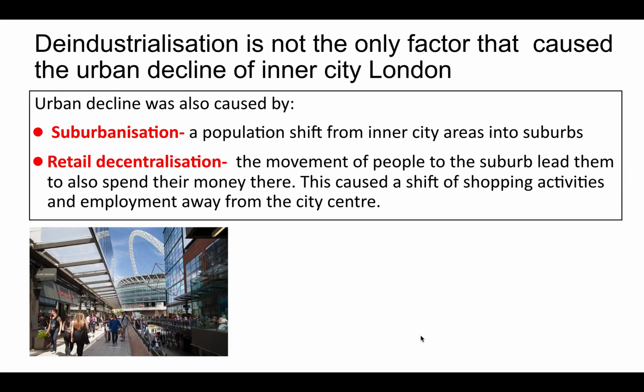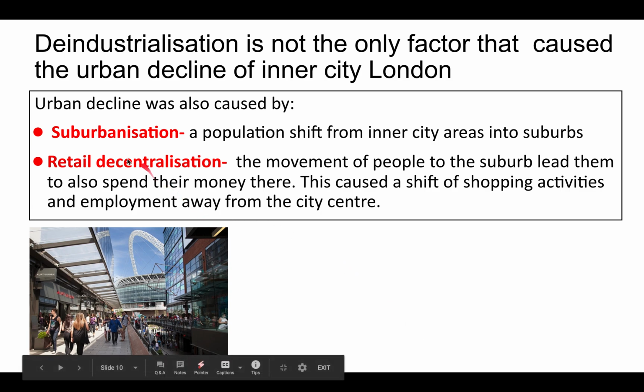So, deindustrialization is not the only factor that caused urban decline in inner city London. It is the one I've spent most of this lesson on, but you should also understand that it's more than one thing happening. It's a combination of the fact that inner city London was going into decline, going downhill, at the same time as living in the suburbs was looking so nice, and the transport networks were improving, so you could travel from the edge of the city into the city with quite a lot of ease.